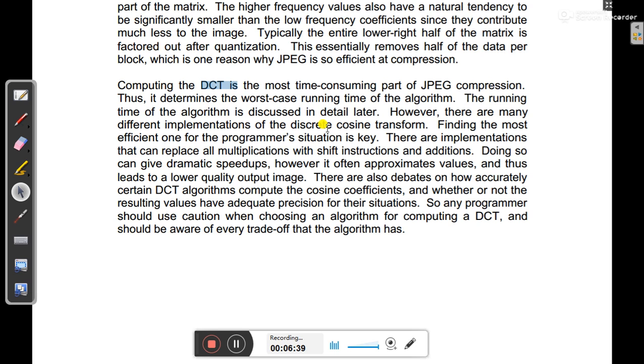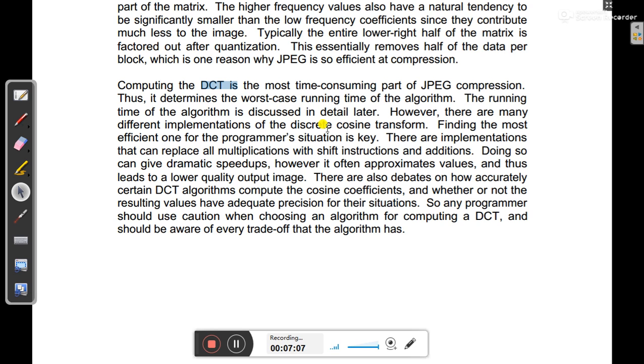If you execute the algorithm with a different DCT algorithm, then the complexity or time requirement will be different. So the time requirement in JPEG compression is directly dependent on the computation of the DCT values.